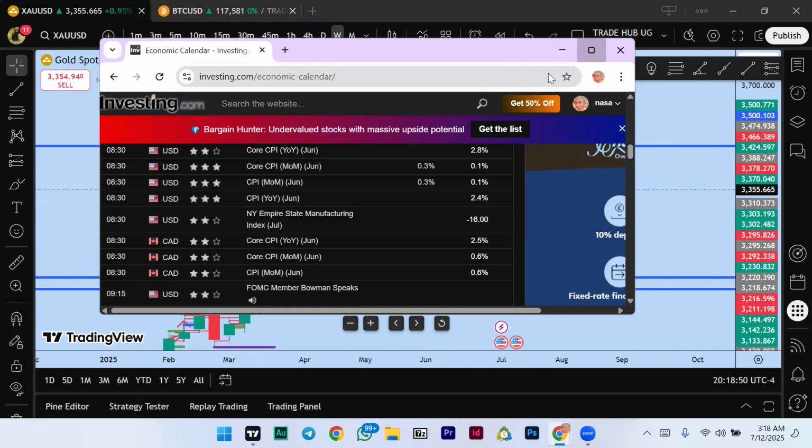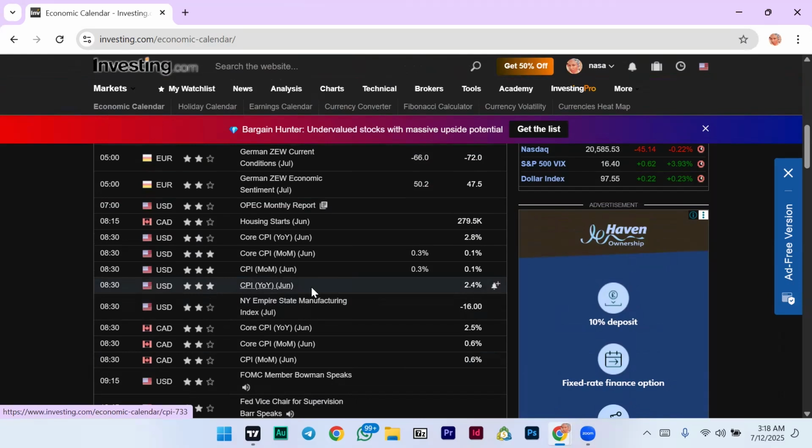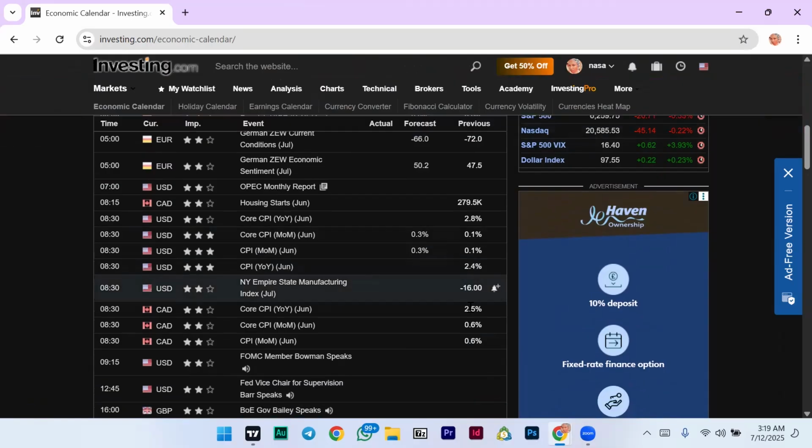On Tuesday, we have CPI year over year, and you can see this was our previous, 2.4. But what is the forecast? They haven't yet posted the forecast.